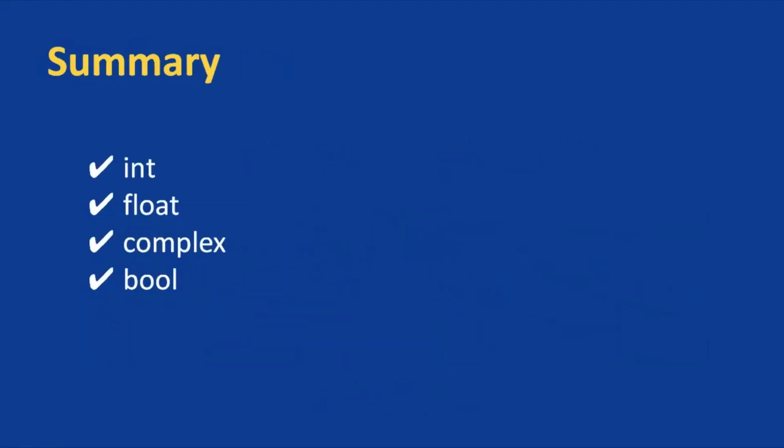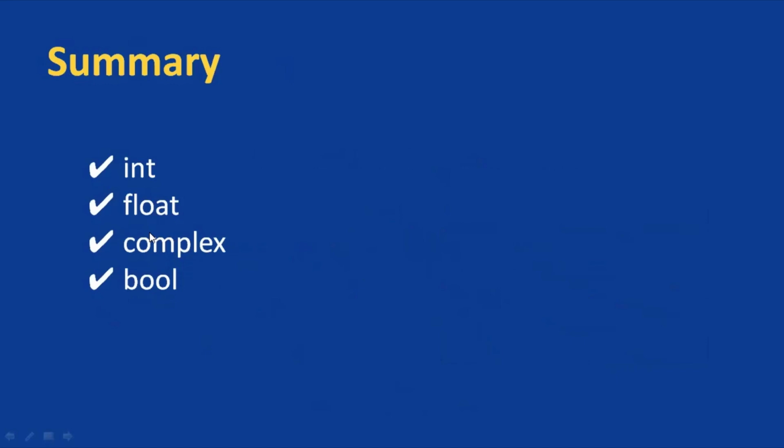In this class, we have learned mainly four types of data types: integer, floating point, complex, and Boolean. But these variables can hold only single values. Such variables are not useful to hold a long list of information.